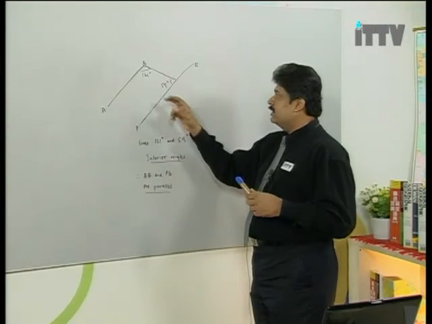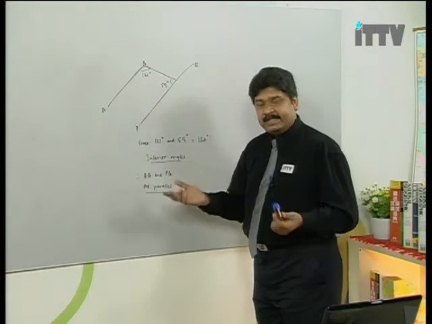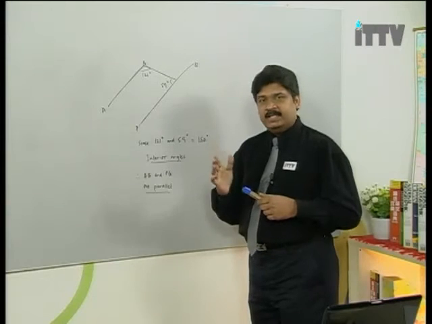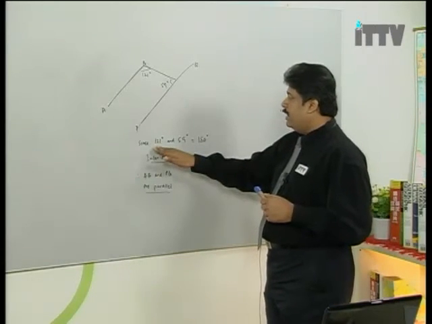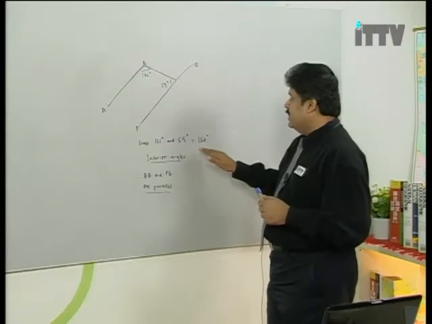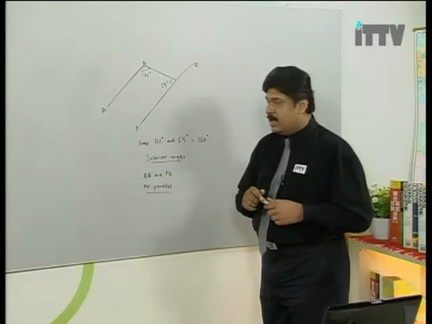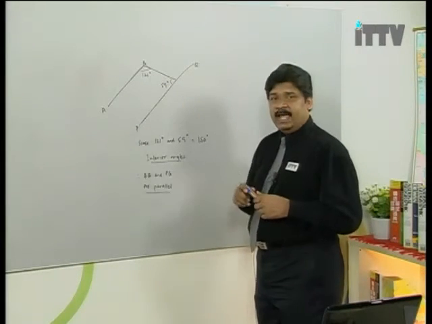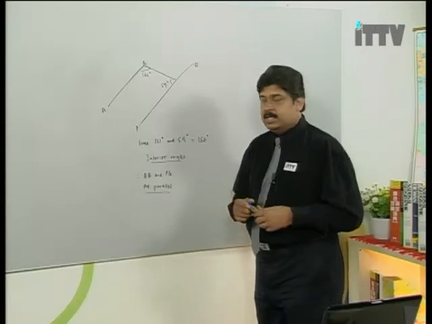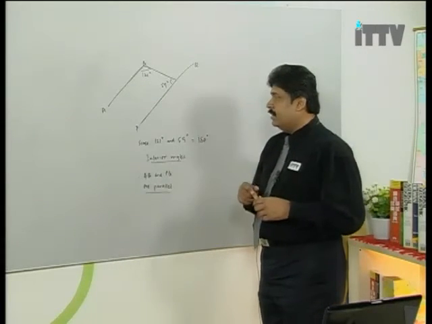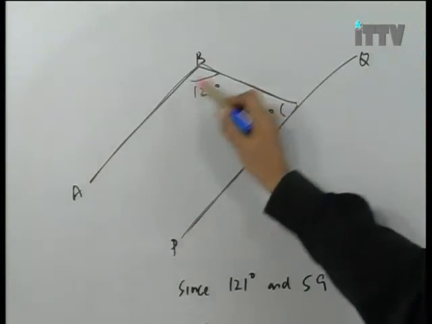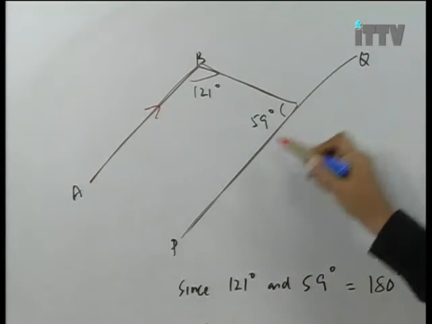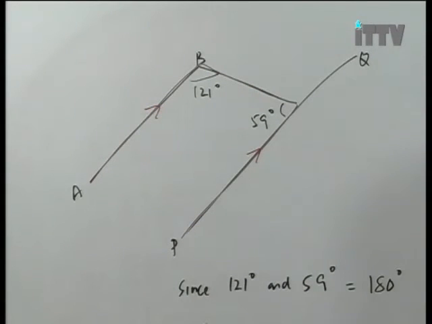Let us see whether the interior angle adds up to 180. That is the condition. Now, since 121 and 59 gives you 180, therefore, this forms an interior angle. Since this is an interior angle, therefore, line AB and line PQ are parallel.